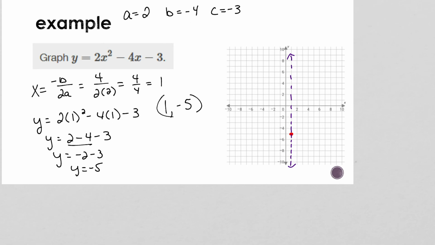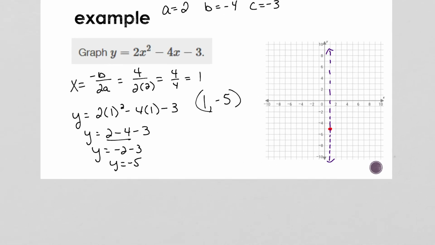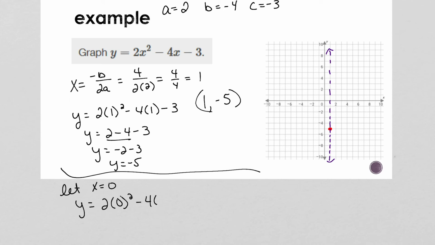Okay, now let's find our y-intercept. So we're going to let x equal 0, right? So we've got y is equal to 2 times 0 squared minus 4 times 0 minus 3. That creates 0, that creates 0. We now have that y is equal to -3.